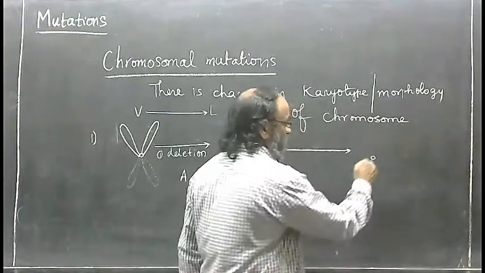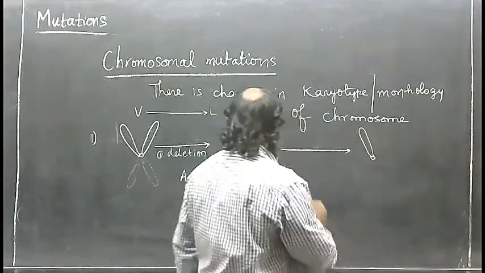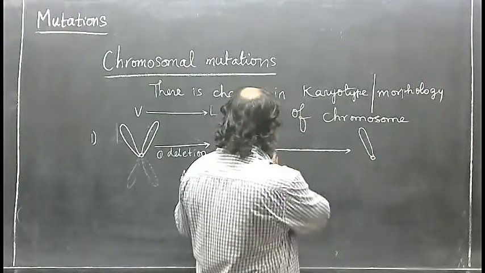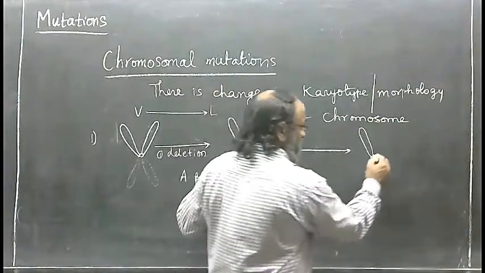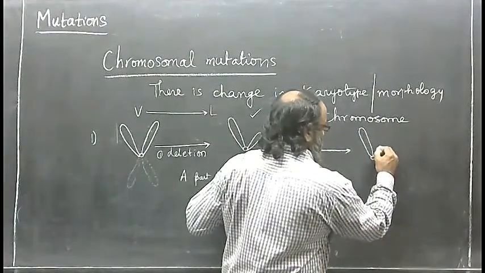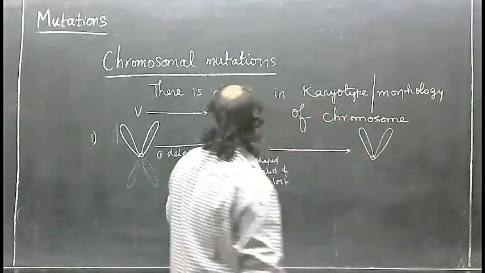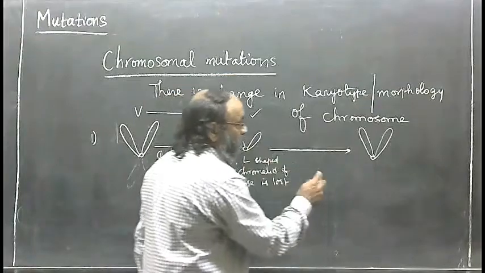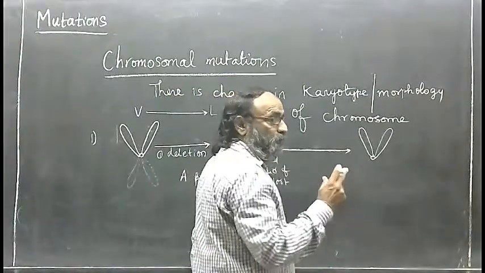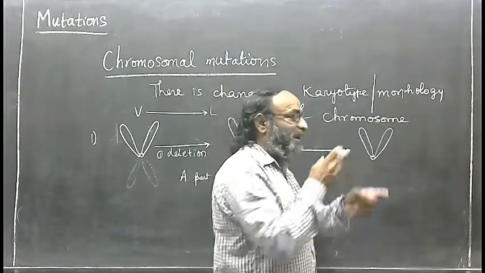This is the centromere. This is the chromatid before the mutation. Now, this is the chromatid after the mutation. So, what is the change that is observed? A part of the chromatid is added.